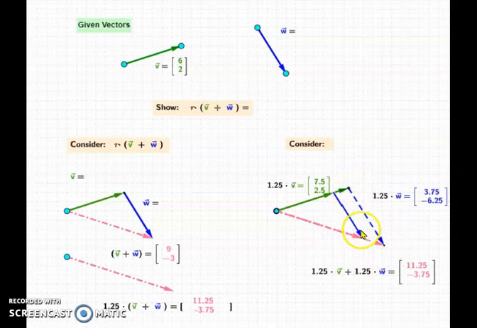So this vector is scaled also 1.25 times. That is why its sum is a vector from this one up to the head of the vector w. And if you observe, this vector and this vector are equal.